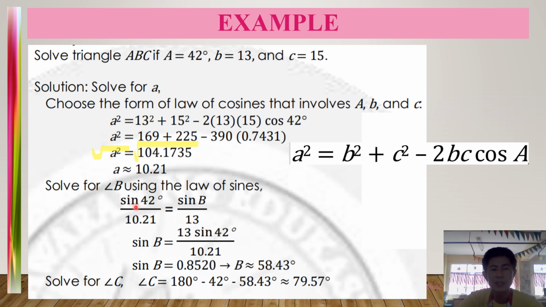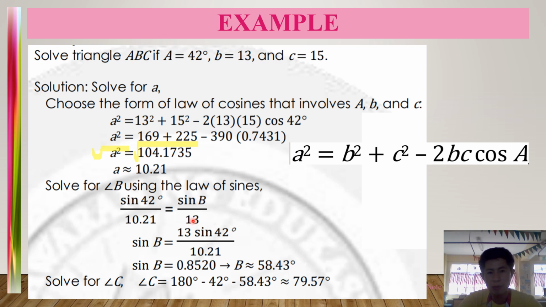Okay, so we have sine, ang A natin is 42, kaya siya naging sine 42, divide by yung A natin is, ayan, 10.21. Kaya siya naging 10.21 is equal to sine B, hindi natin alam, unknown, yung B. Kaya hindi natin siya mapapalitan ng given.